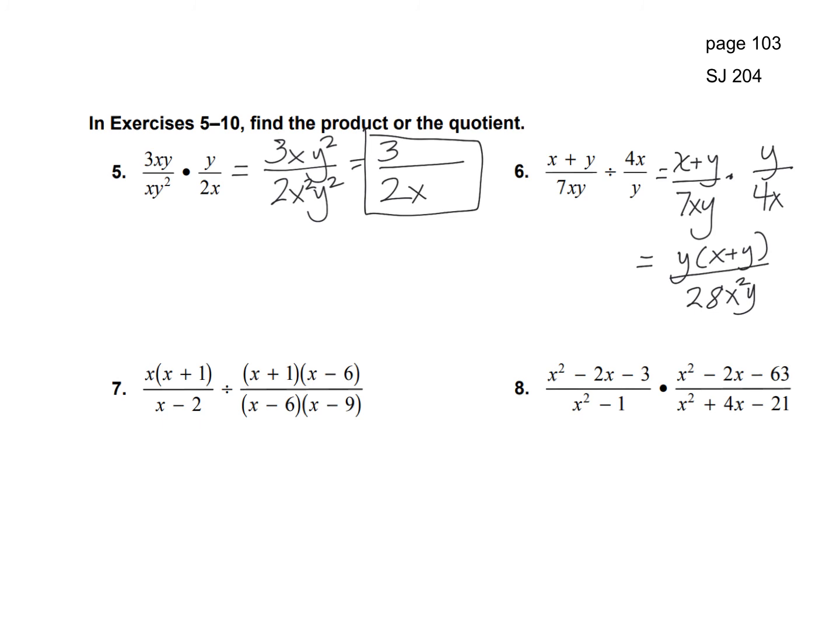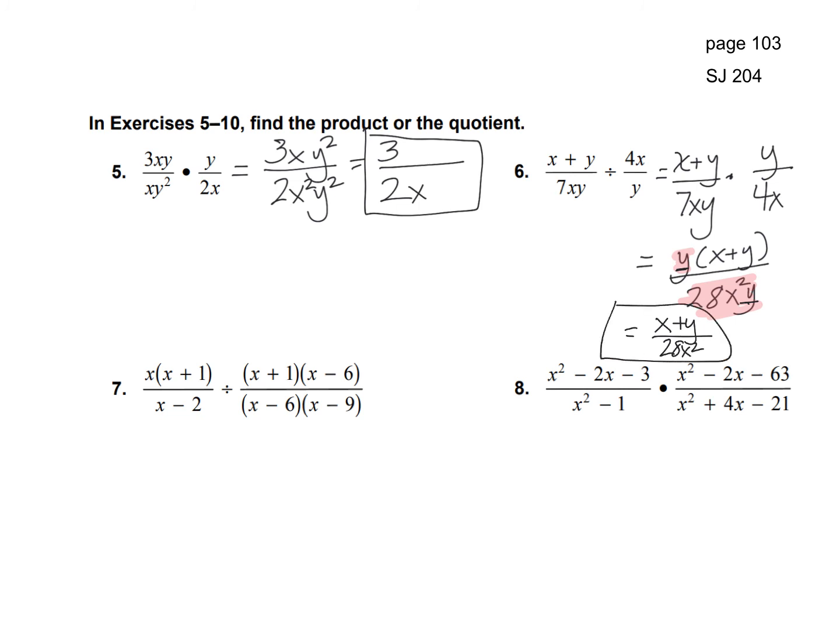The only thing that I could possibly reduce would be this monomial with something in this monomial. The x plus y, I cannot reduce anything, so the x plus y remains, and then the y in the numerator and the y in the denominator would reduce away, and I would only have x plus y divided by 28x squared as my answer to number 6.